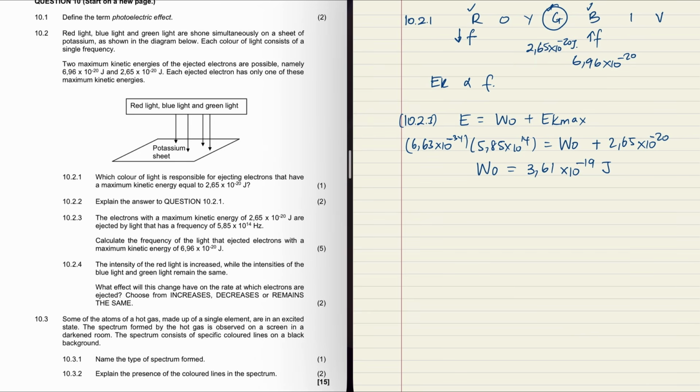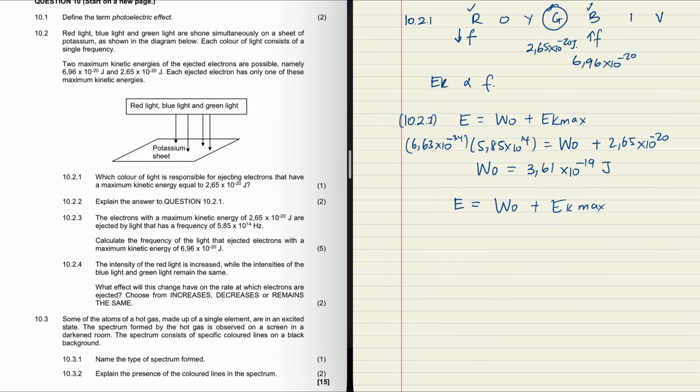Now, because the green light, the red light, and the blue light are all being shone on the same metal sheet, the same work function will apply. So we can then do the calculation again, but this time changing some of the values. E is equal to W naught plus EK max.